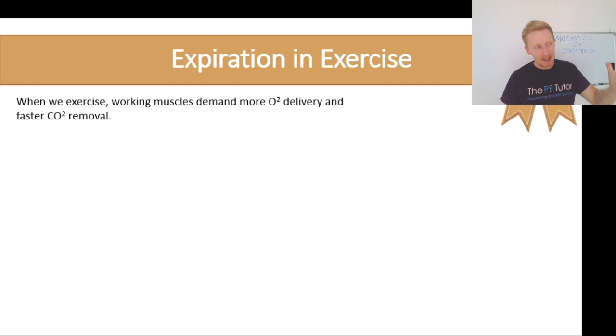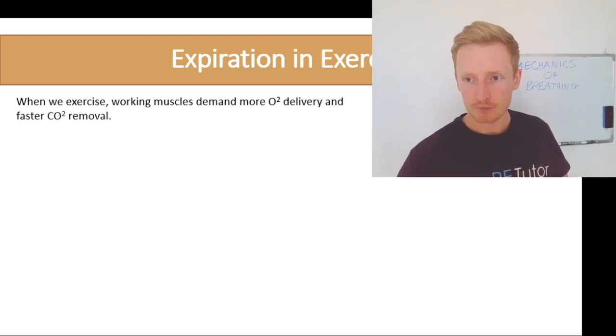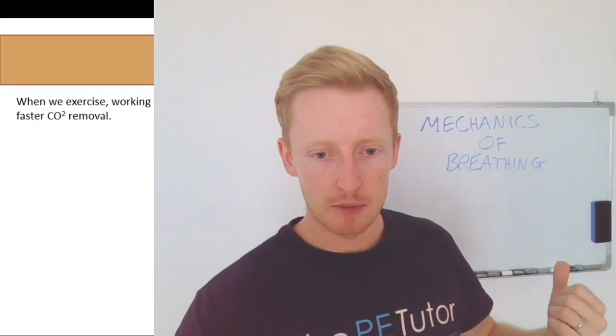Well, we've already said that inspiration needs to increase in frequency and depth, but we can't change our inspiration until we change our expiration. Let me explain. I'll use the whiteboard behind me.